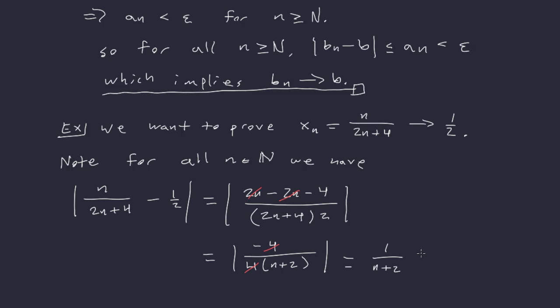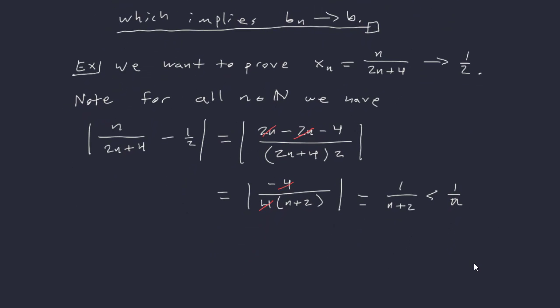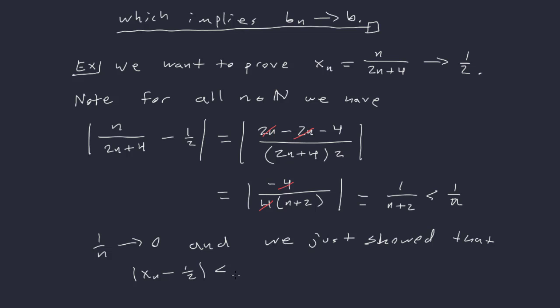Now, 1 over n plus 2, I know, is less than 1 over n. And 1 over n goes to 0, and we just showed that the absolute value of x_n minus 1/2 is less than 1 over n for all n in the naturals, so x_n converges to 1/2.